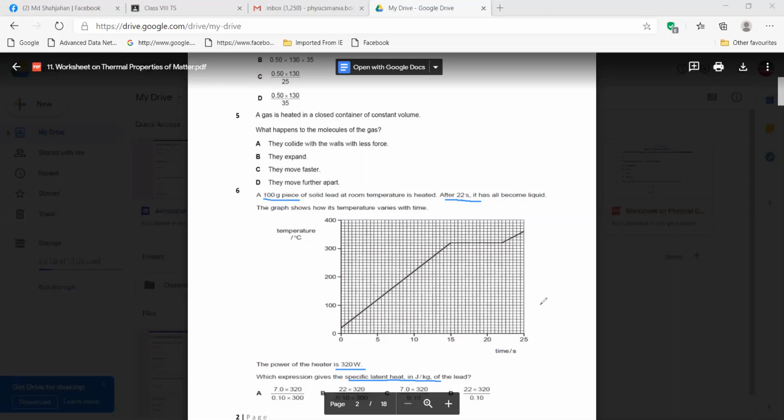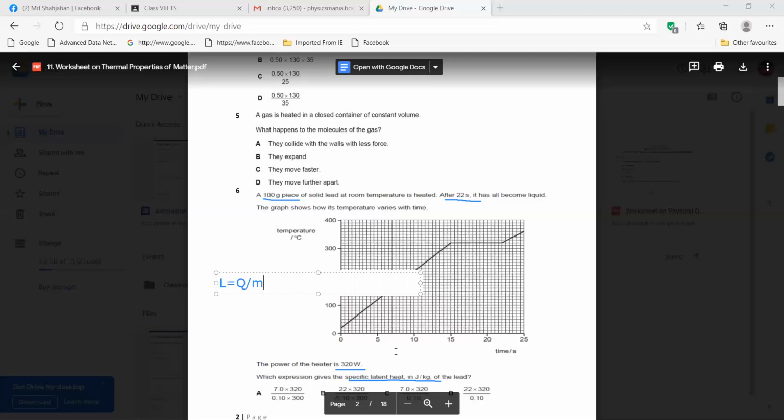That one is latent heat. So you write the formula here. Latent heat we express with L. L equals Q by M.